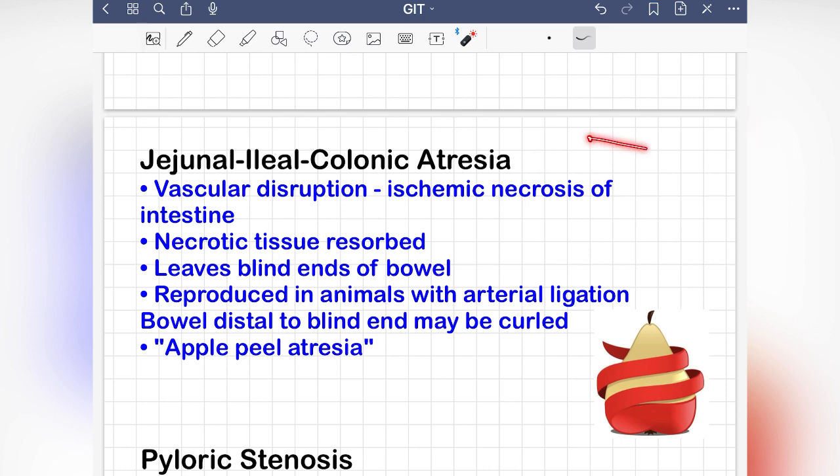Necrotic tissue is resorbed, leaving behind the ends of the bowel. This also looks like an apple peel, so it's called apple peel atresia.